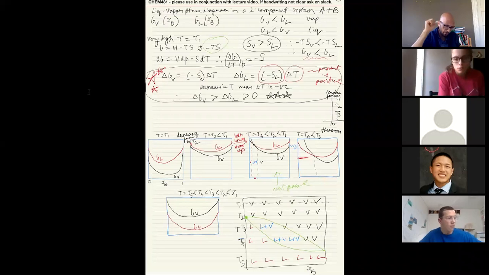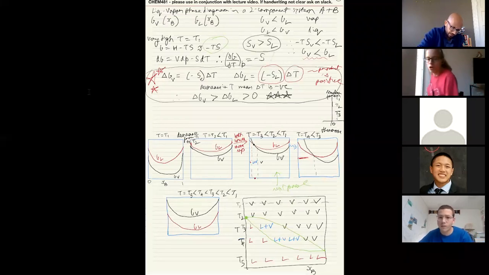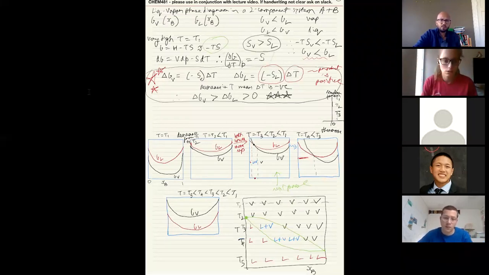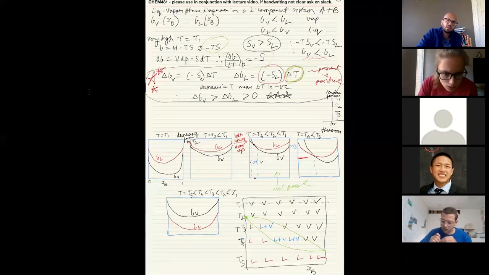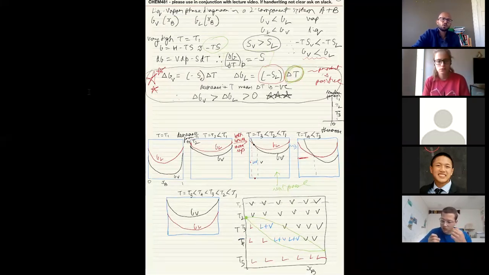However, using this identity, which is true for everything, we know that the free energy is going to increase when the temperature change is negative. However, the proportionality constant with respect to temperature is minus entropy. And we know that vapor has higher entropy than liquid.